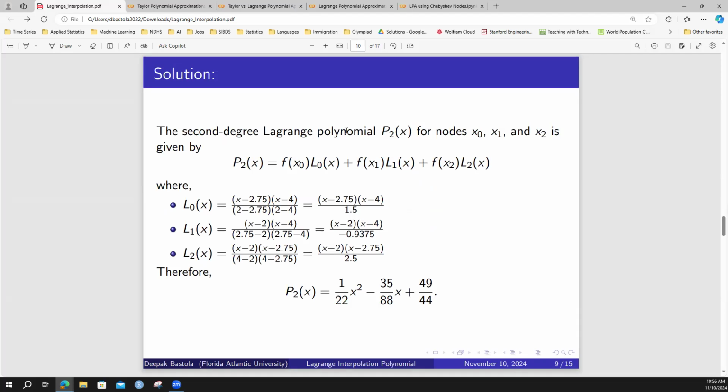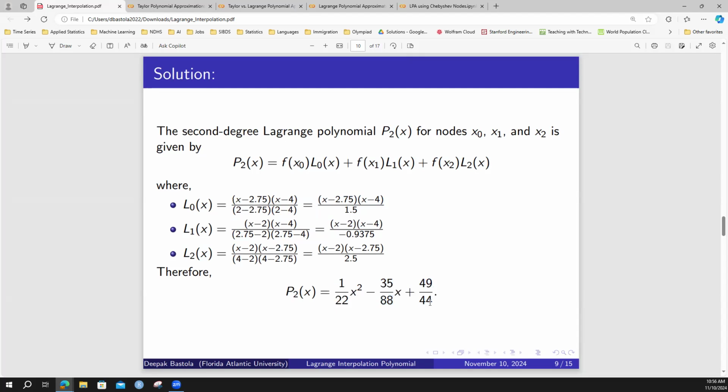So the second degree Lagrange polynomial is P2(x), which is just using the formula, we get this, right? So now each L0(x), L1(x), and L2(x) are being calculated, and they look like this. They are again functions, looking different. And then if you do it for P2(x), if you just plug all these things into my formula, my Lagrange theorem, then you get this polynomial: 1 over 22 x squared, 35 over 88 x, and 49 over 44.